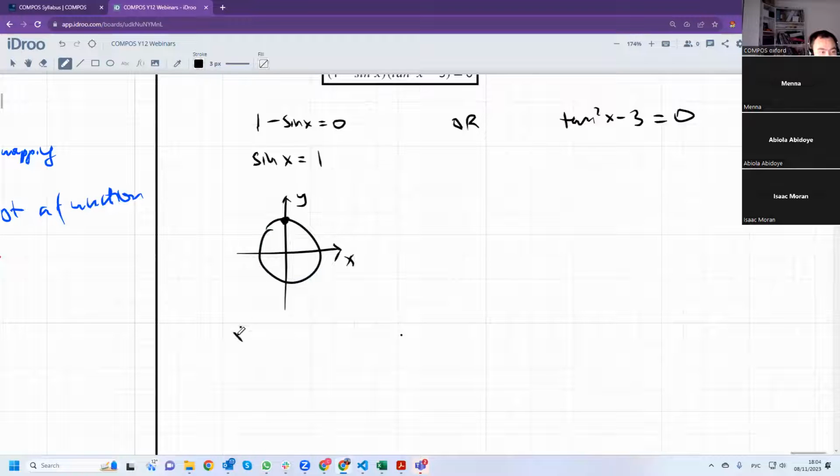So x is pi over 2. But it's not just pi over 2. It's any value. In fact, pi over 2 plus 2 pi n, where n is an integer.